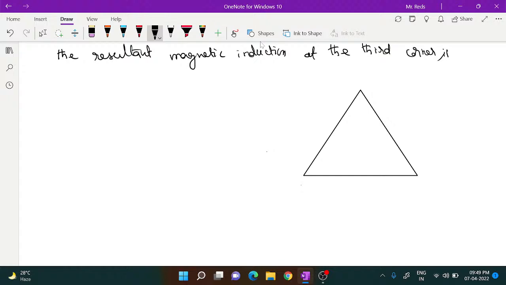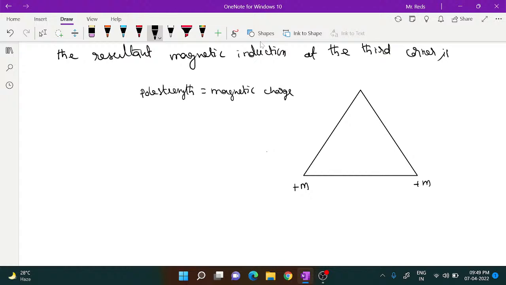Like poles means of the same sign, plus m, like charges plus q in the electric case; here we can call them magnetic charges. Pole strength is nothing but magnetic charge. So two like poles of magnetic strength m are placed at two corners.